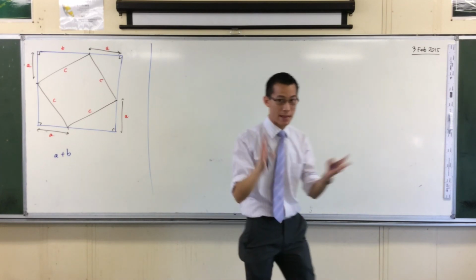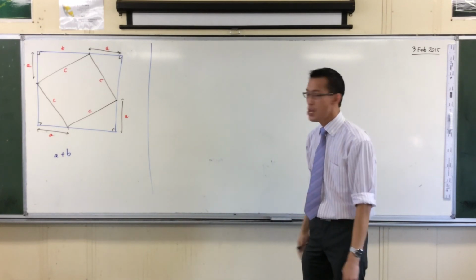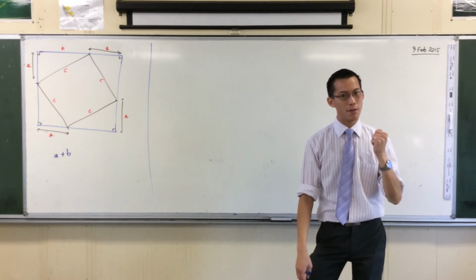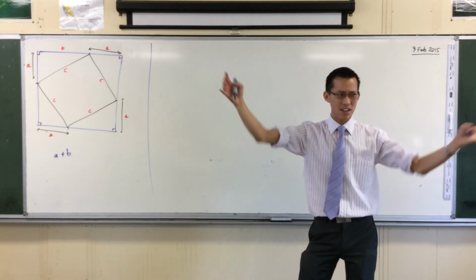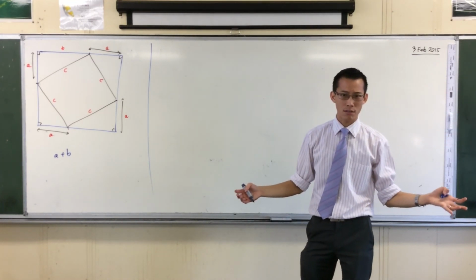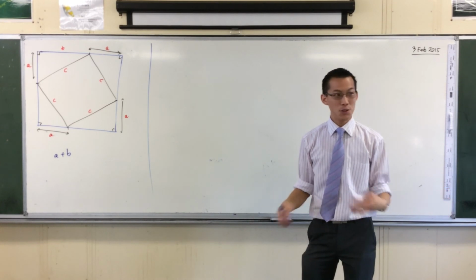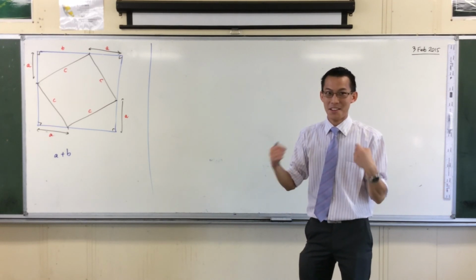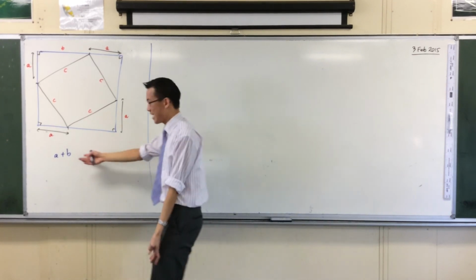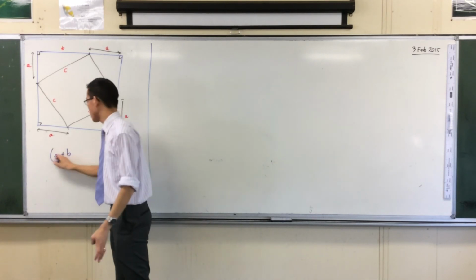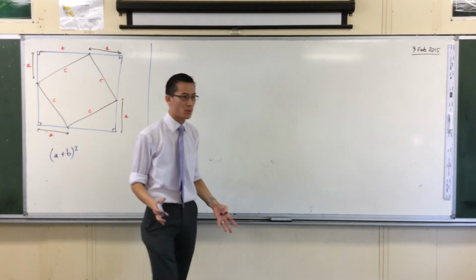Yeah. A plus B, every side is the same. So if I want to know the area of the whole square, how do you find the area of a square if you know its side length? It's a square, so you square it, right? A plus B times A plus B. So I'm just going to write square. You happy with that? Yeah.